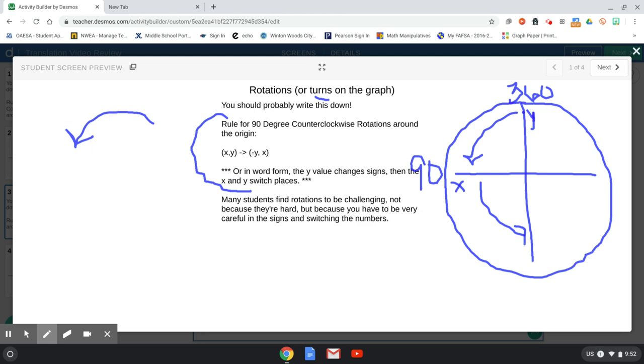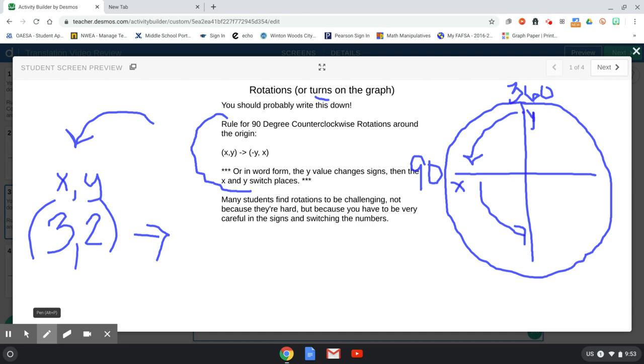Now, here's how that works. If I've got the ordered pair x, y, the y will change signs, but it will also switch places with the x. So let me give you an example with numbers. If I've got the ordered pair 3, 2, under this rule, my 2 is the y, my 3 is the x.